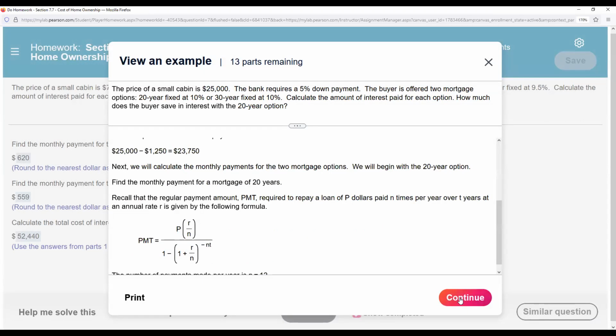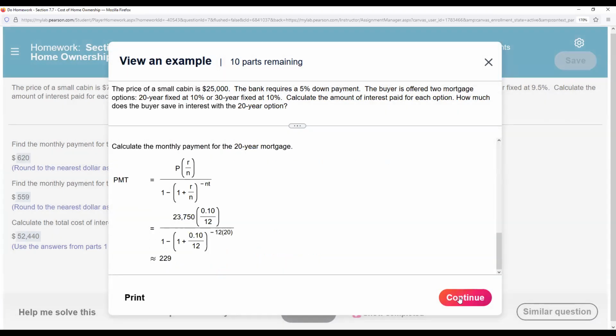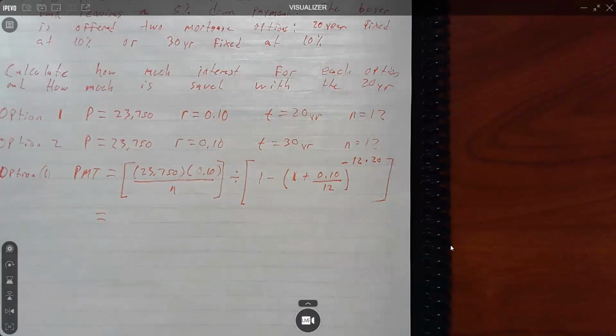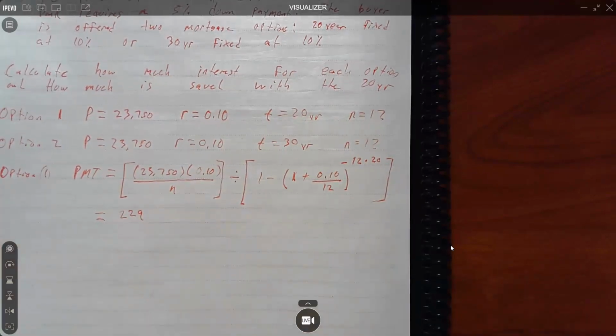That's what we did. Yeah, they keep it to 229. Cool. So the payment is $229 a month, right?